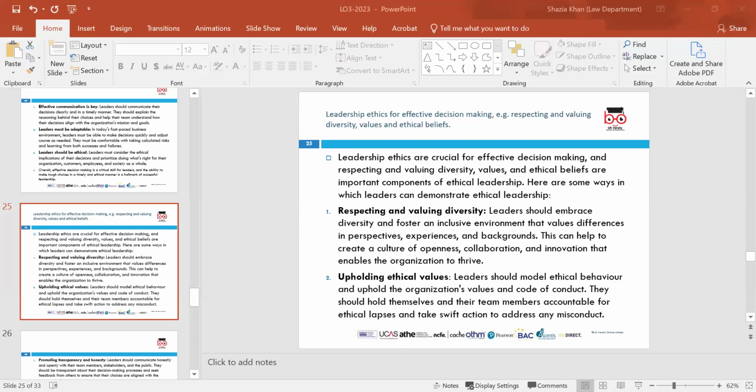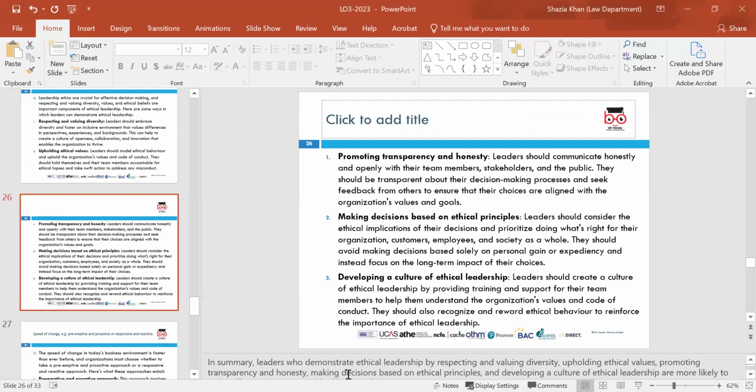You need to make sure that you are demonstrating appropriate conduct both inside and outside the workplace. For example, upholding ethical values: leaders should model ethical behavior and uphold the organization's code of values. They should uphold themselves.